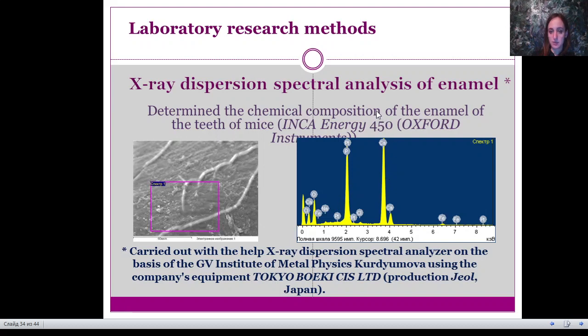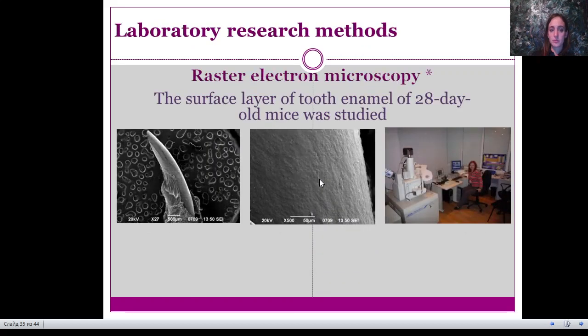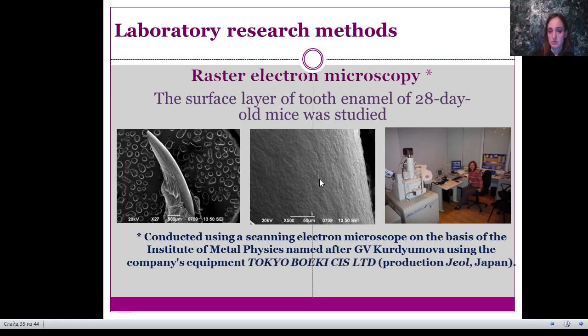So you can see E450 and raster electron microscopy, and we can see such pictures. The surface layer of the tooth enamel of 28 days old mouse.